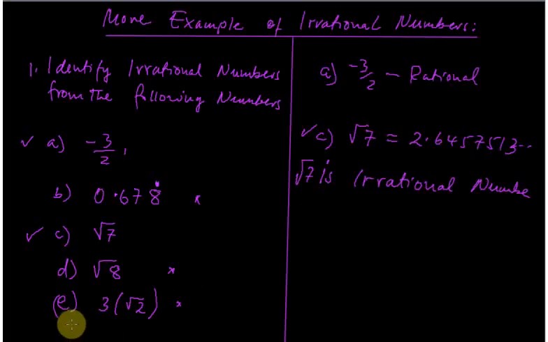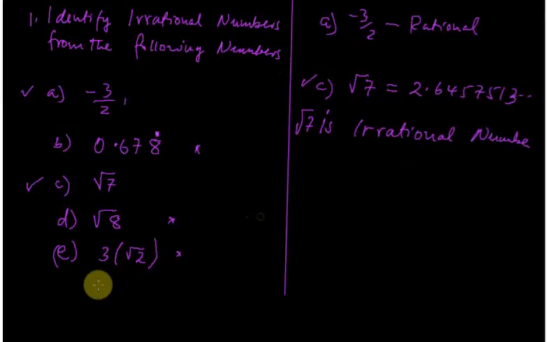Let me add F: root of 49. Is this rational or irrational? You do that, and those are enough for you. So you do this and we meet on the next tutorial. Thank you.